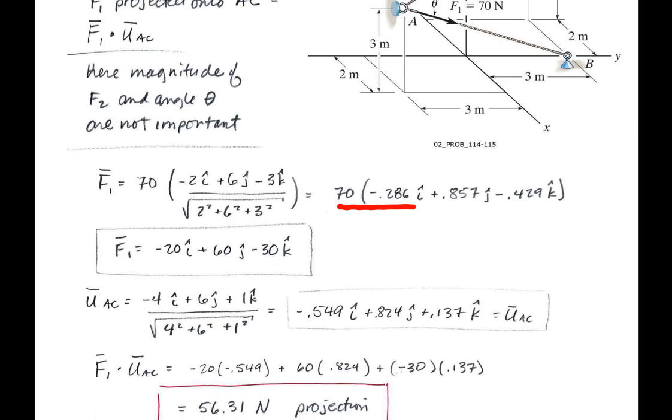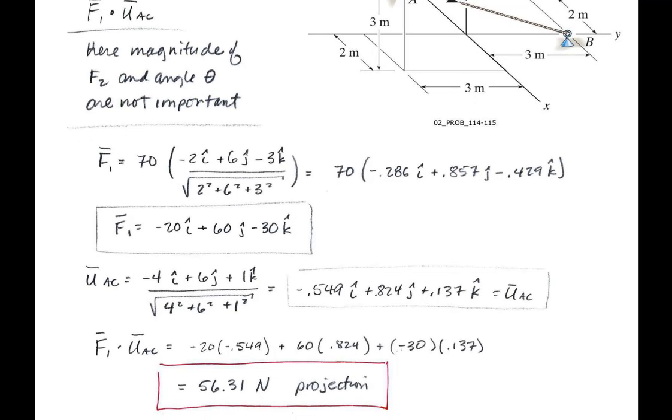Now I have the components of the force and the components of that unit vector, and we just dot them together by doing the arithmetic multiplication. So I got 20 times negative 0.525 times negative 0.549, 60 times this one, 30 times this one, and you add it together and you get the projection.